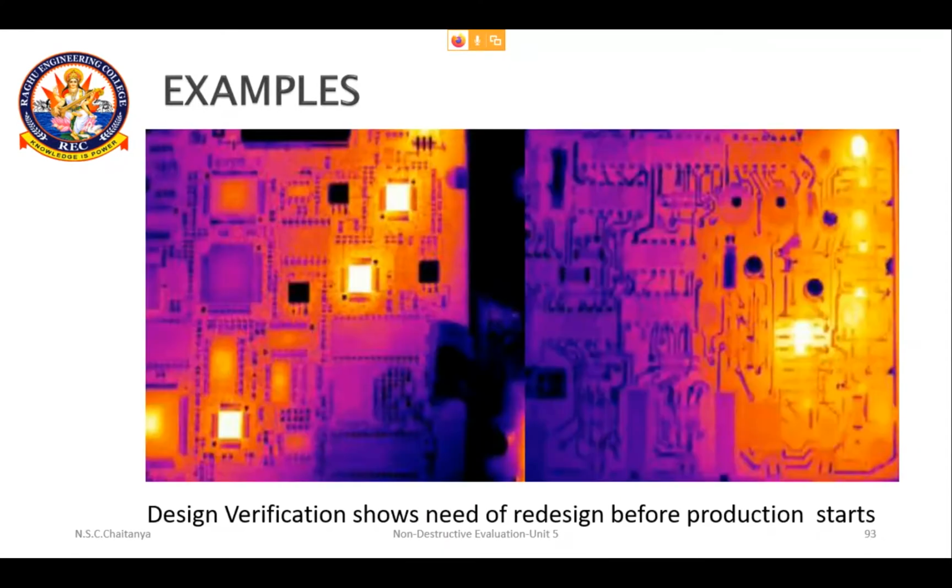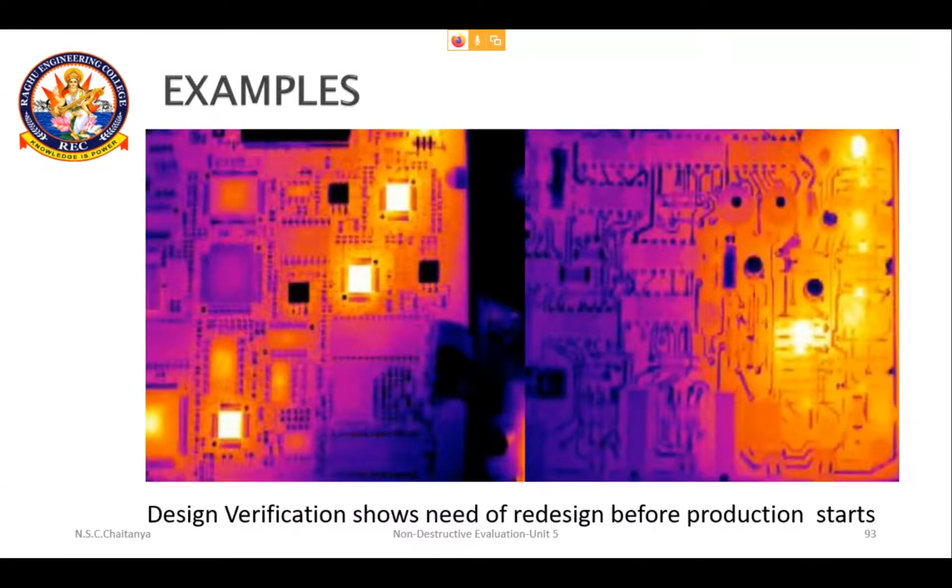Next slide, slide number 93. What is this? This is a PCB, that is your printed circuit board. PCBs, I hope everybody knows about your PCBs. What is happening here is that before they actually go for mass production, they are checking out the prototype, and then they find out that there are some areas in this design which get heated up if this same design goes for manufacturing.